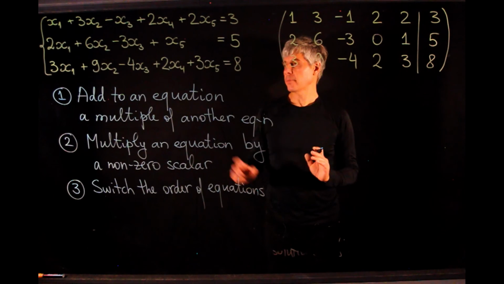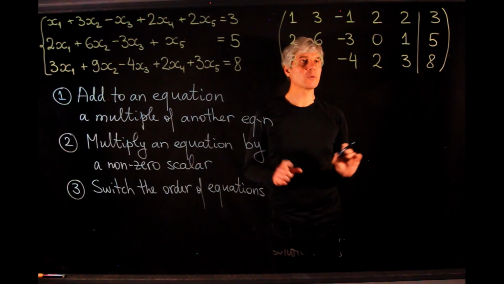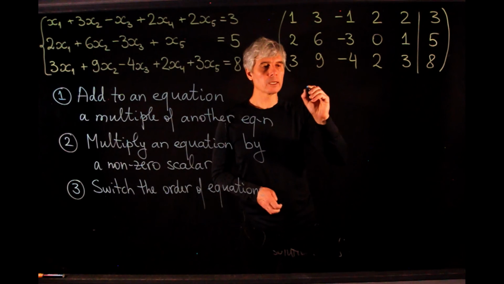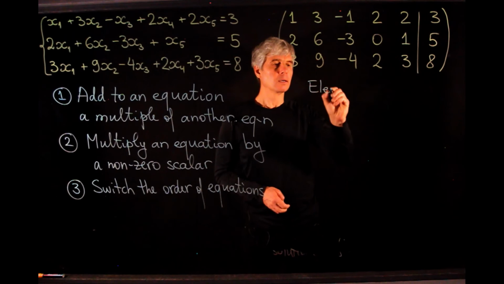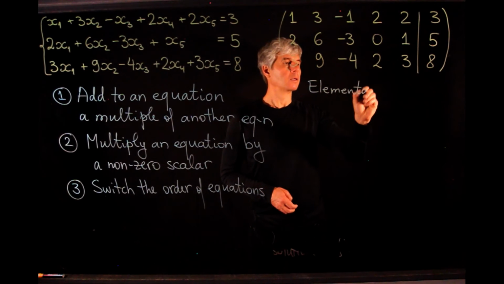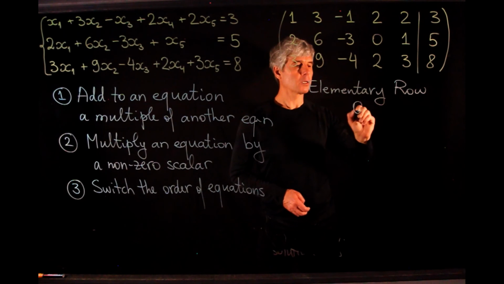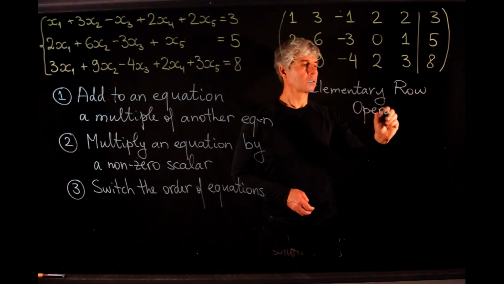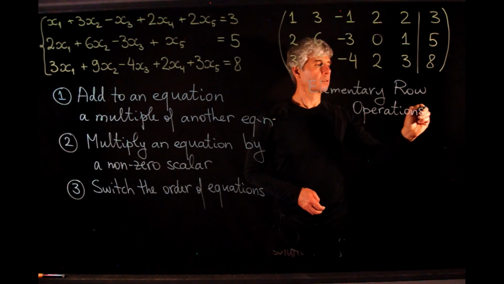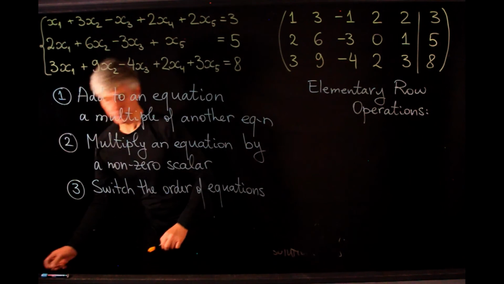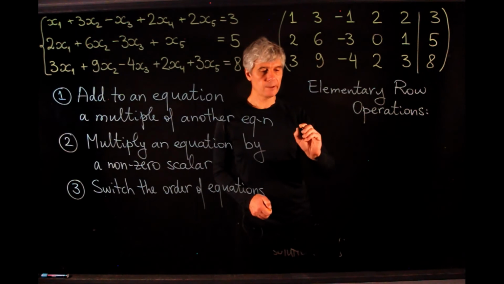Now, when we translate this into the language of rows, then we get something which is called elementary row operations. Now, we have type 1.